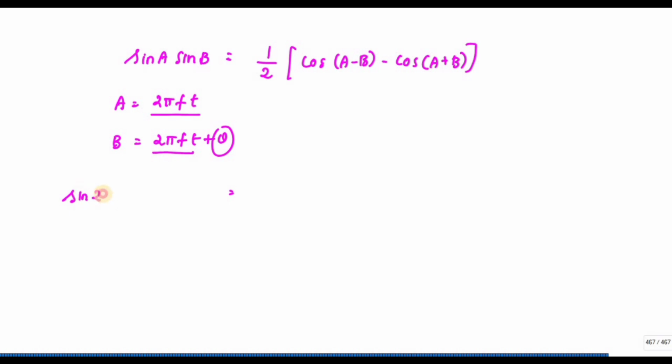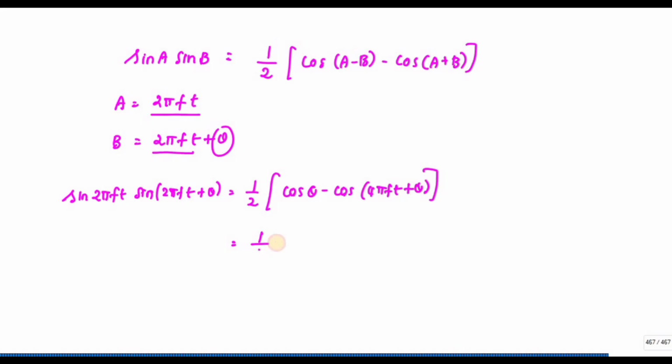Sine of 2 pi f t, sine of 2 pi f t plus theta, I will get 1 by 2 of cos theta minus cos of 4 pi t plus theta.